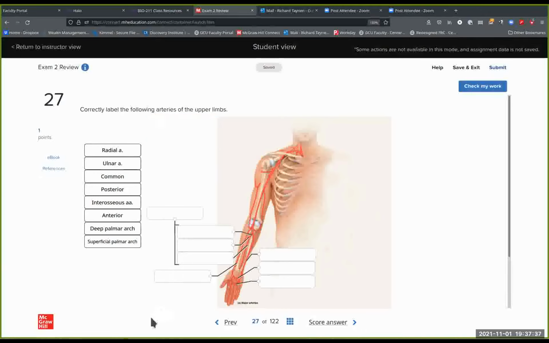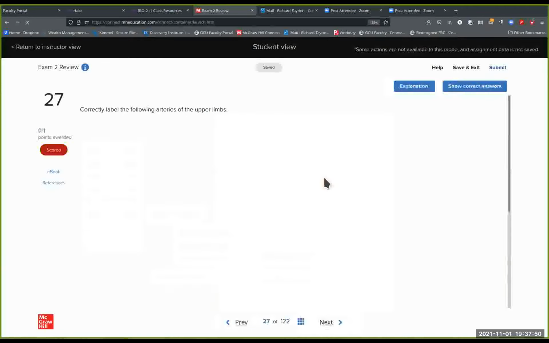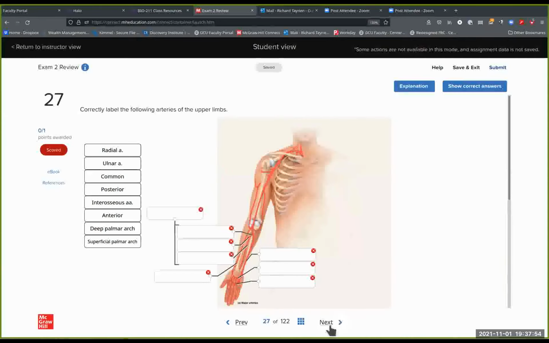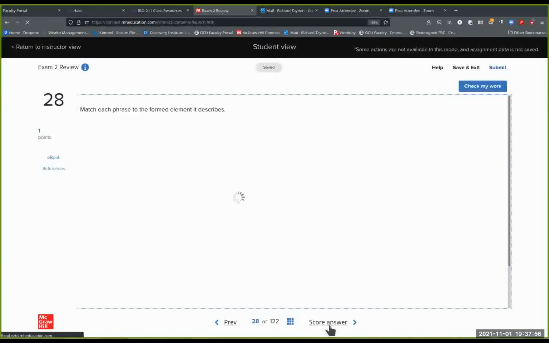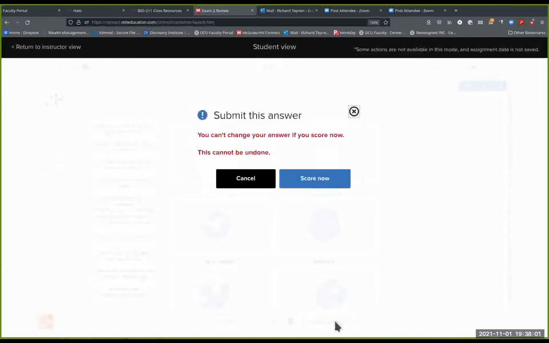We've got ulnar and radial artery. And I think those are the only ones you really need to worry about. We've done that.